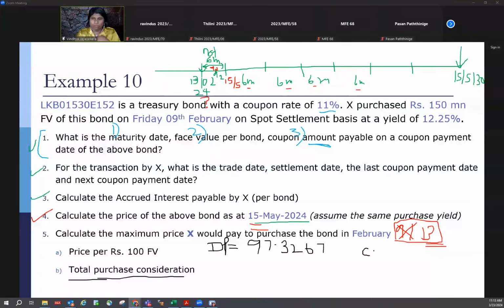And the clean price is 94.6069. So, what is your total purchase consideration? How much are you going to pay in total if you're going to purchase 150 million face value?